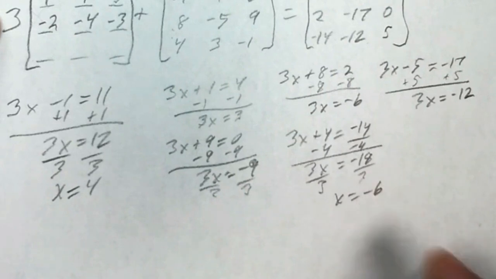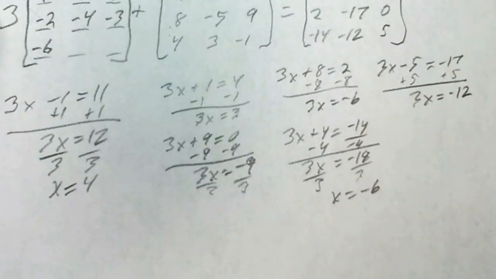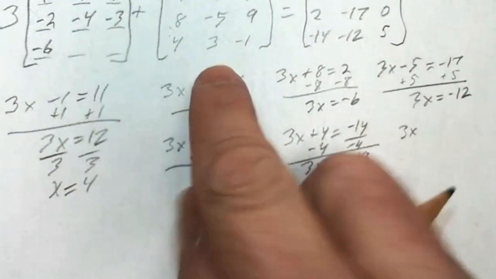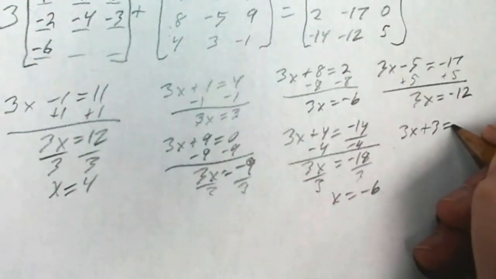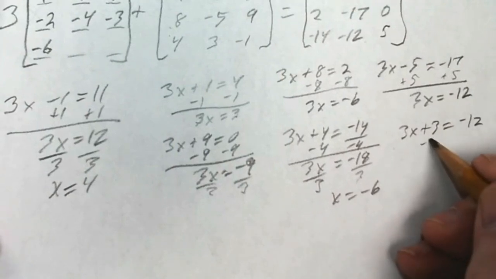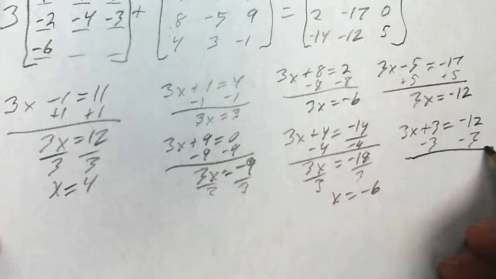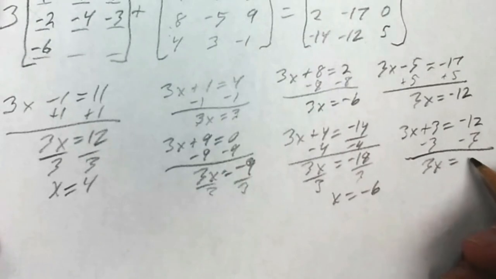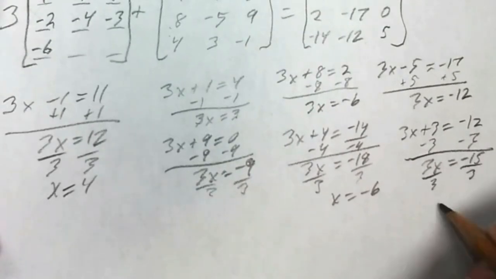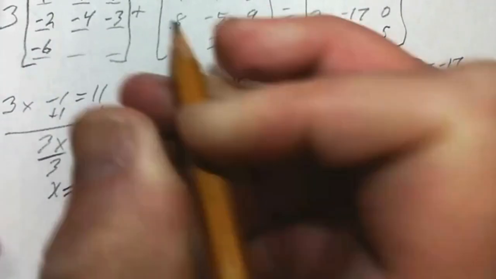Negative 18 divided by 3. Okay. 3x plus 3 equals negative 12. Subtract 3. You may be able to do a lot of these in your head, but if not, this is how you do it. X equals negative 5.